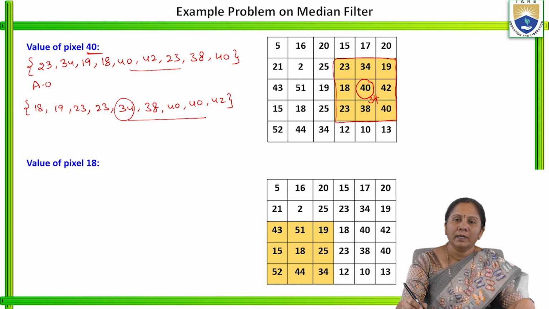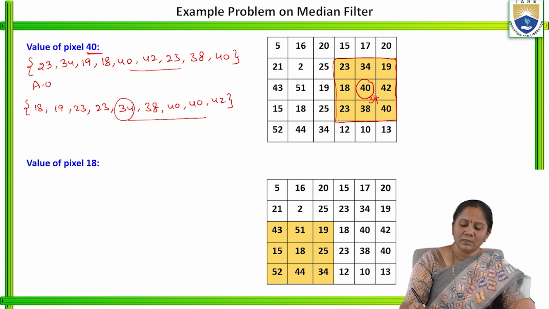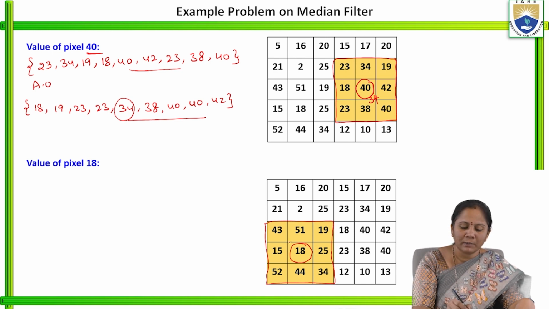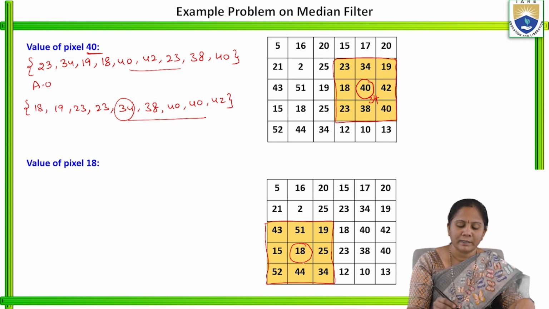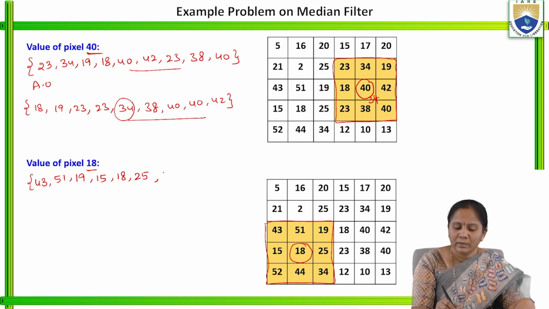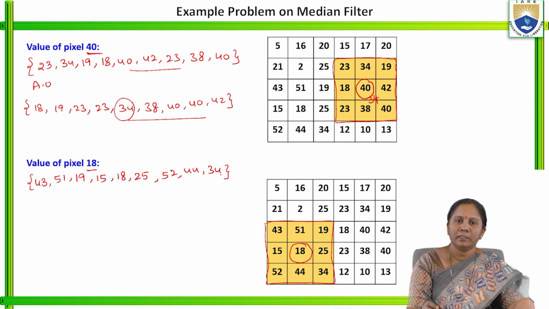So here, next, shifting the mask, the sub image will be looking like this. And if we shift here, this 18 is becoming the center pixel where the new value need to be calculated. So considering all the neighborhood pixels, what are the neighborhood pixels? 43, 51, 19, 15, 18, 25 and 52, 44 and 34.